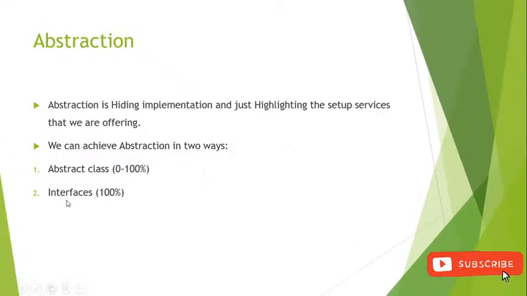And remember this thing: with the help of abstract class, we can achieve only 0 to 100%, because inside the abstract class we can declare abstract methods also and non-abstract methods also, but inside the interfaces we can achieve 100% of abstraction. Why? Because inside the interface, all the methods present are abstract only. Okay, so interfaces we will see tomorrow.